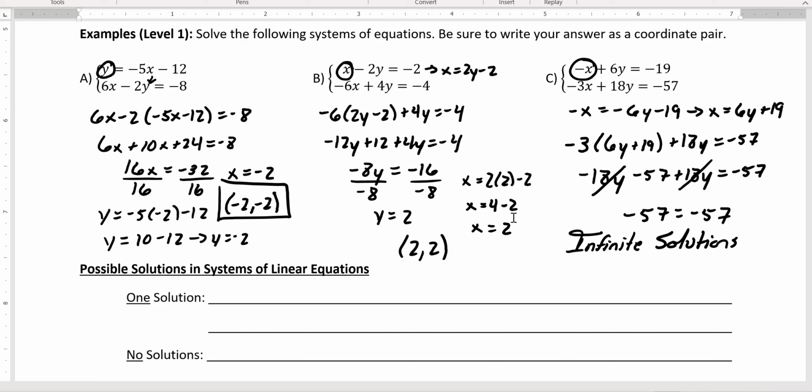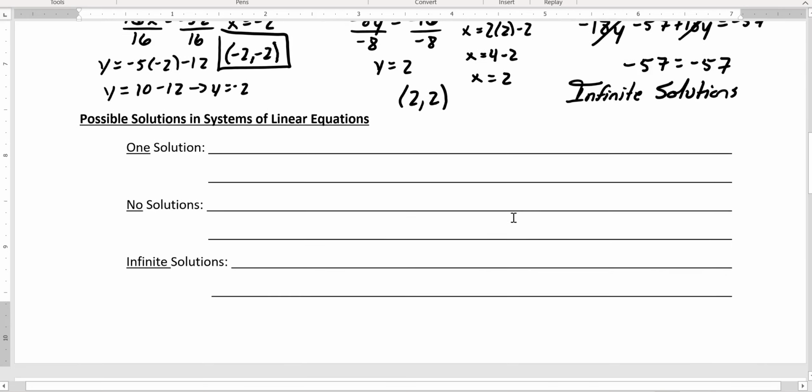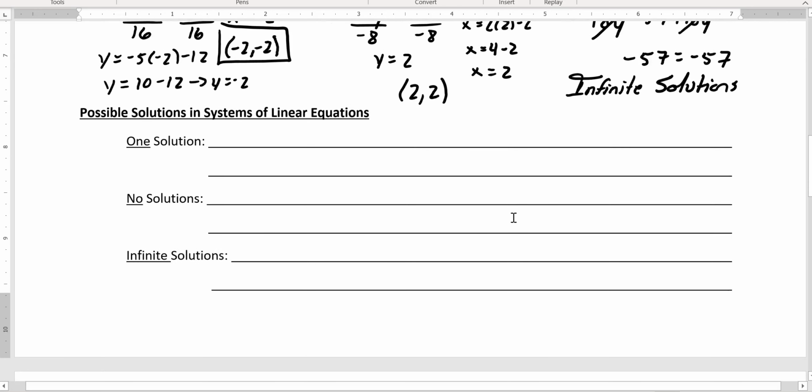So let's go ahead and check and make sure we understand the possible ideas. It's possible to have one solution, no solution, or infinite solutions. And I'm going to represent this in a graphical perspective. One solution would mean the lines intersect at one point.